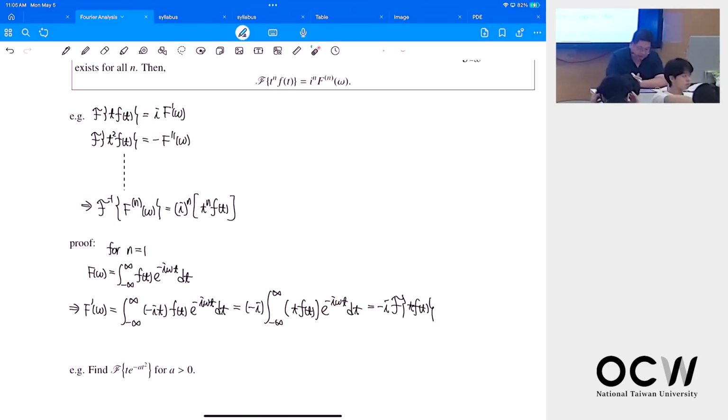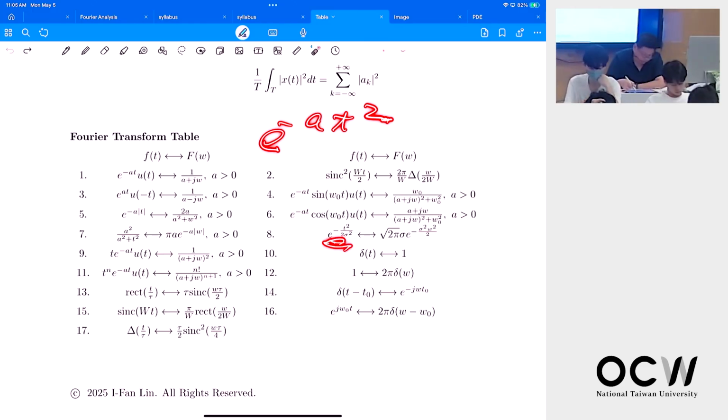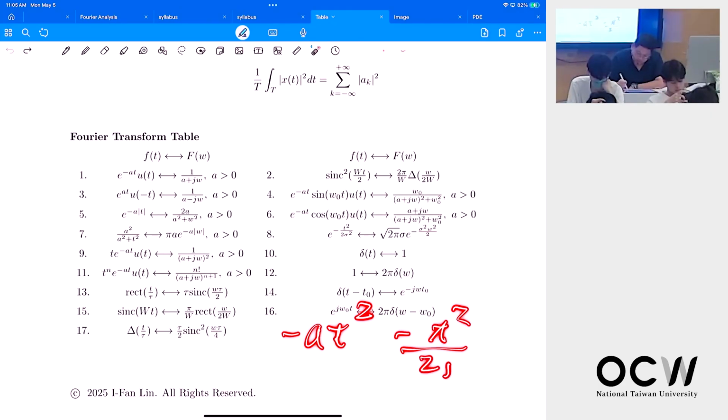So here is the example. I want to find the Fourier transform of t times e to the minus a t squared. Looks like we don't have this one, right? Oh, we have it here. Okay. So compare minus a t squared and minus t squared over 2 sigma squared.